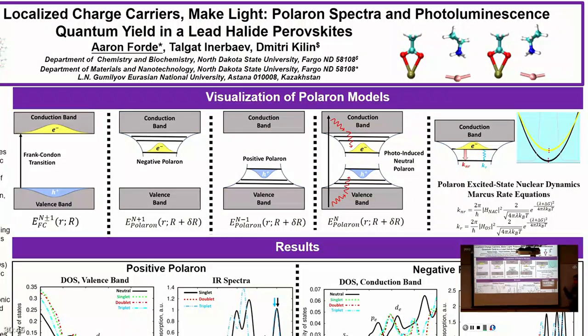Since the energy spacings are so small, small reorganization energies might actually have a big influence over how well they emit, because from Marcus theory, there's an inverted region for how efficient your emission can be. So there's an optimal point where you want your reorganization to be. If you're away from that, your emission's not going to be very good. So we're trying to incorporate that into our models as well, because the Redfield theory typically doesn't account for reorganization energy.